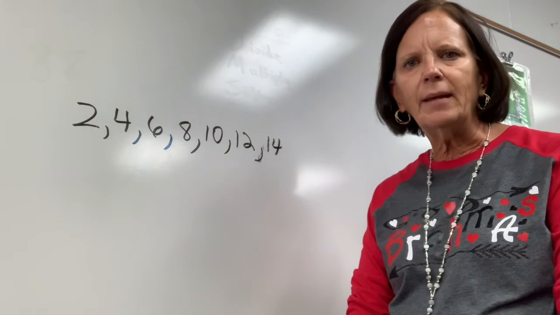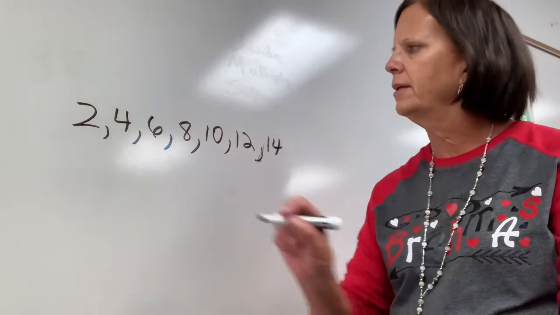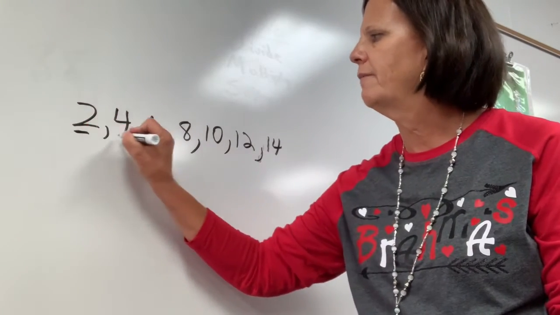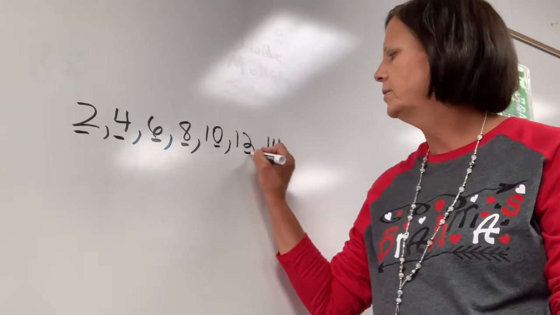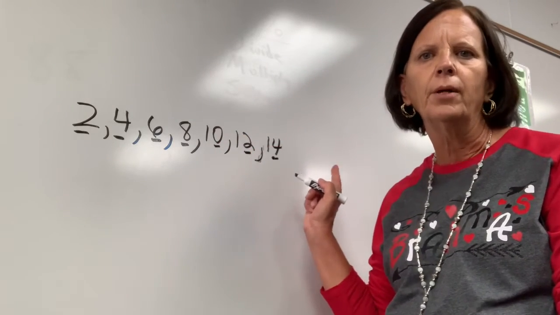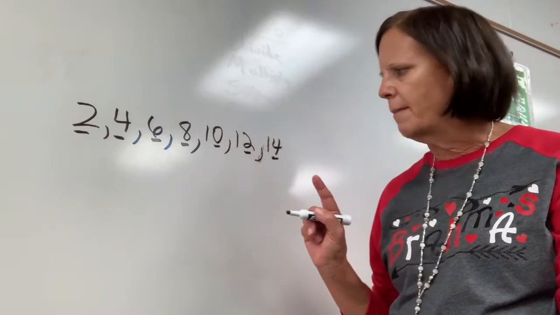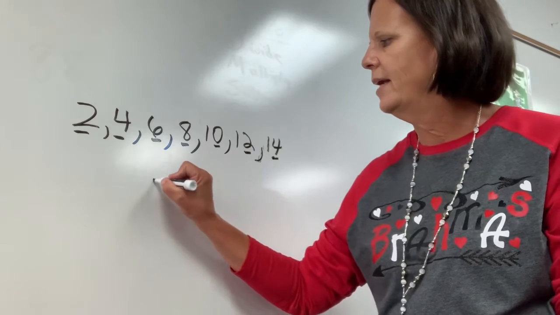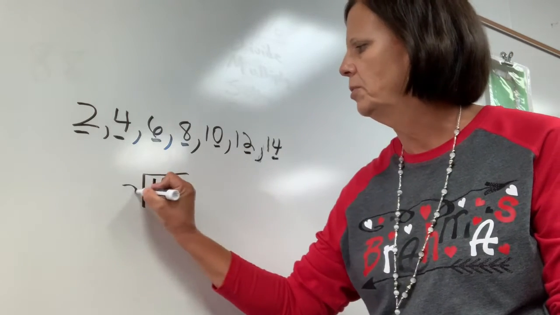Now here's the neat part. If I look in the ones place of all of those numbers, I'm either going to have a 2, a 4, a 6, an 8, or a 0. Or I could say they're even. So if I give you a number, any number, and I say, hey, is 48 divisible by 2?